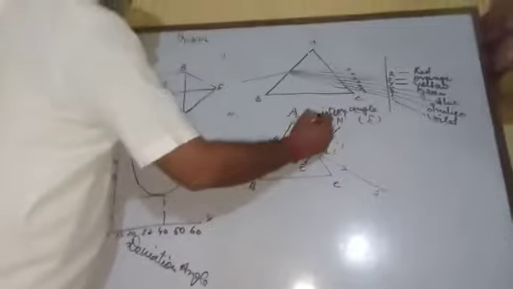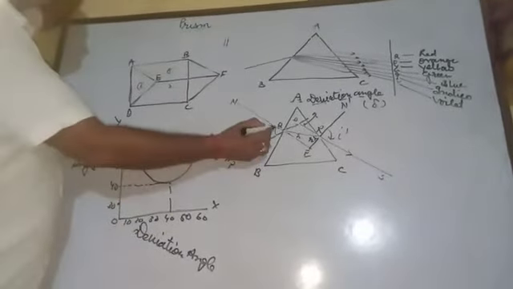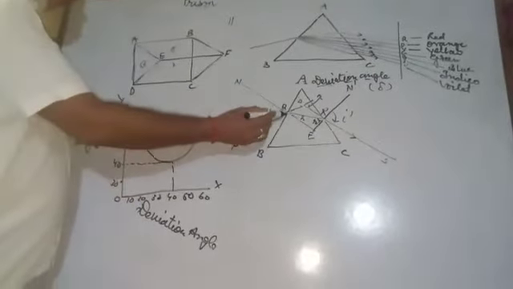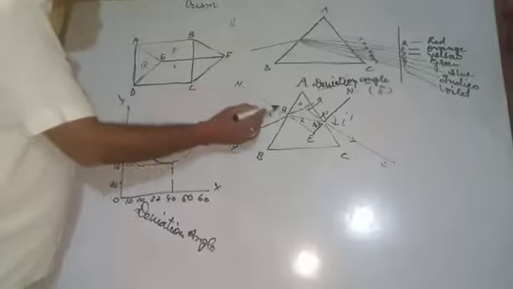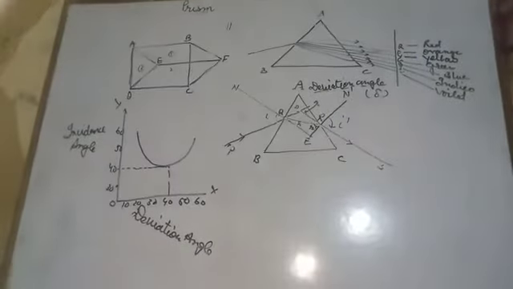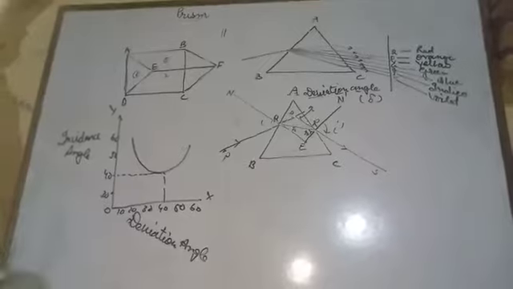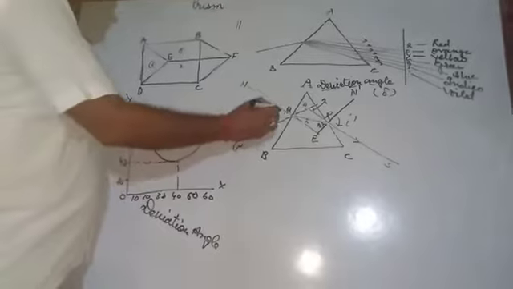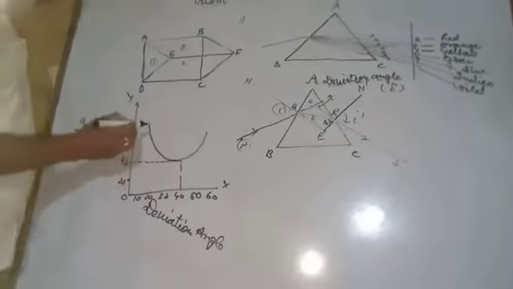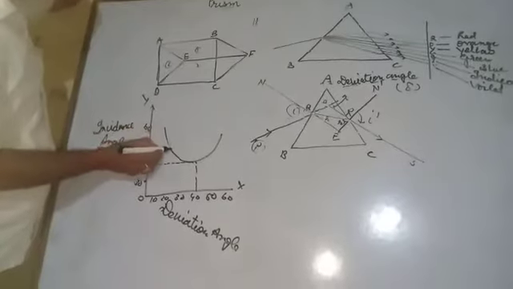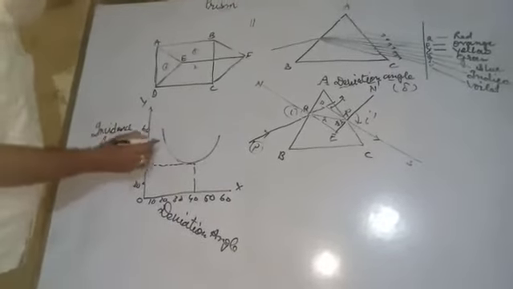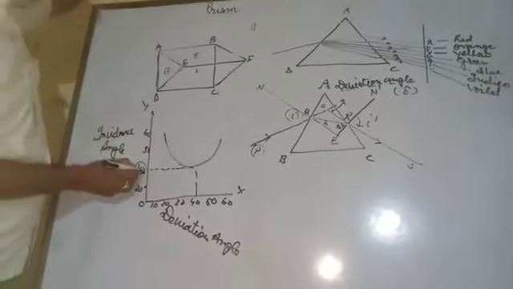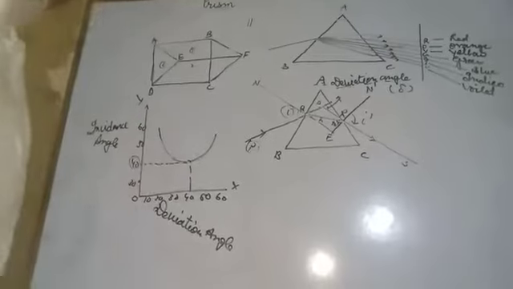The deviation angle always depends upon the incident angle which is formed by incident ray with the normal NQE. As the incident angle increases, first of all the deviation angle decreases. And at one very special incident angle, it decreases to a minimum.